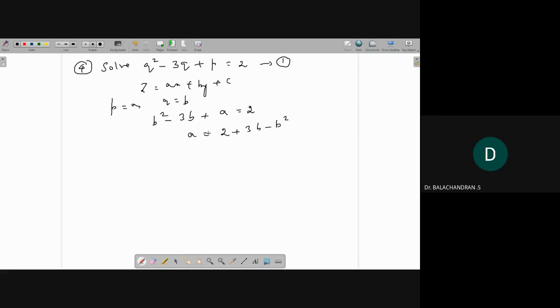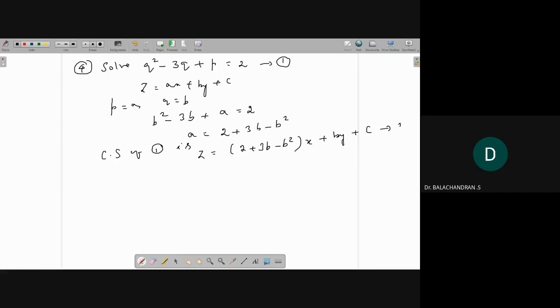Now complete solution of equation 1, I write CS, complete solution of equation 1 is z equal to (2 plus 3b minus b square) into x plus by plus c.